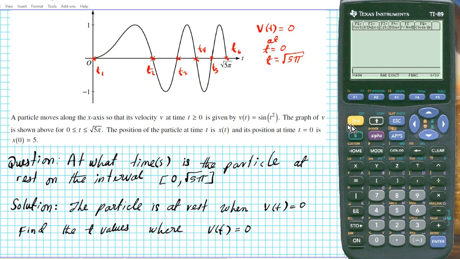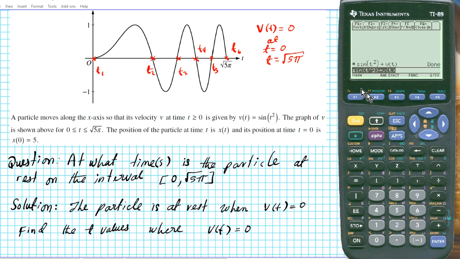Alright, so let me show you how to store functions in a graphing calculator. So we want to store sine t squared into v of t. So we just type sine t squared, store that into v of t. Enter.